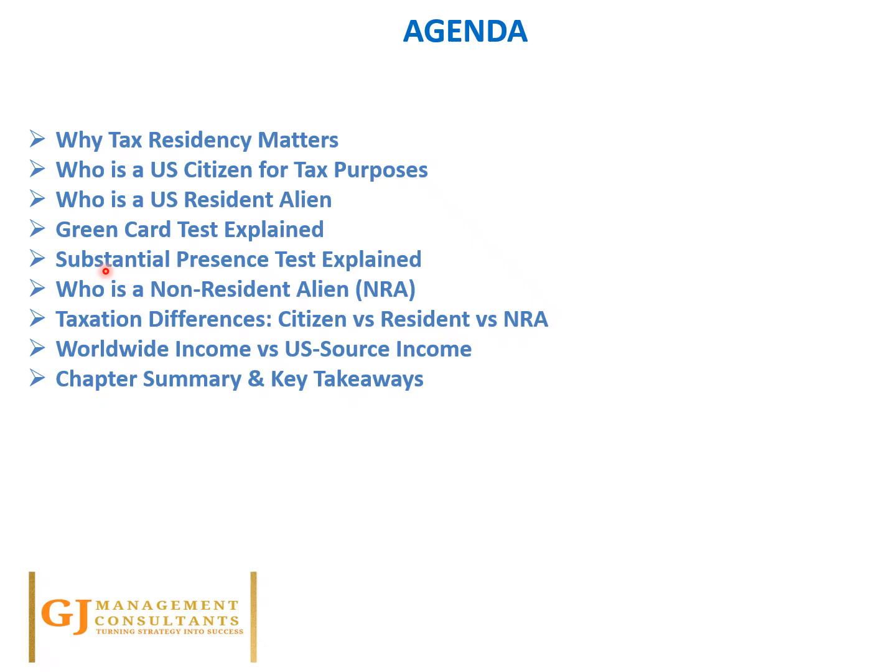We'll also understand the substantial presence test and how it works, who is a non-resident alien, the taxation difference between a citizen versus resident versus non-resident alien, the concept of worldwide income versus US source income, and then a quick snapshot of what we have covered in this chapter. So let's begin the discussion and move to the first slide.